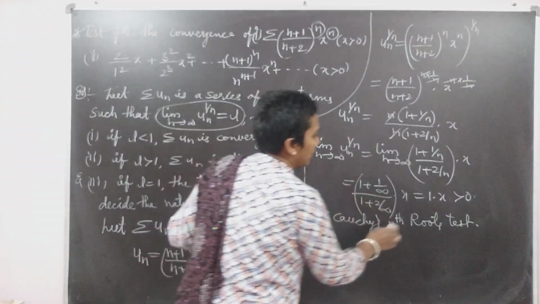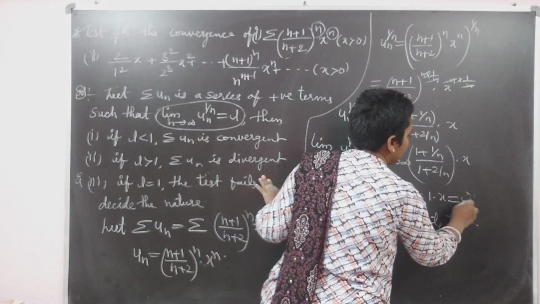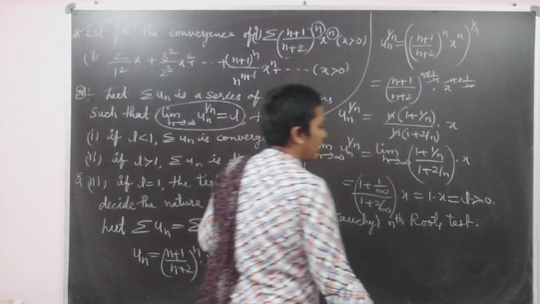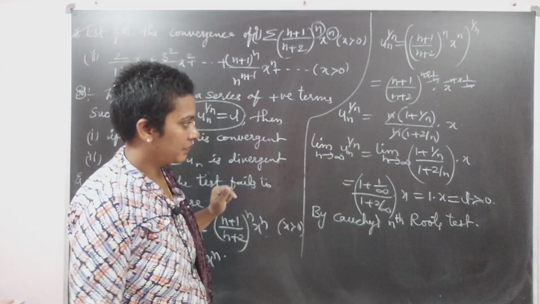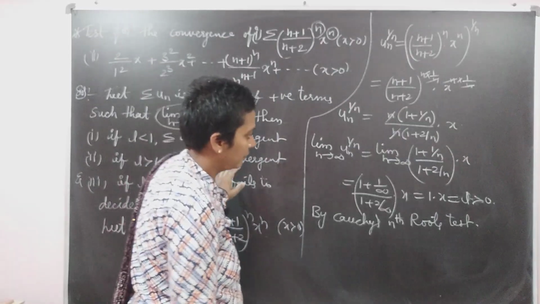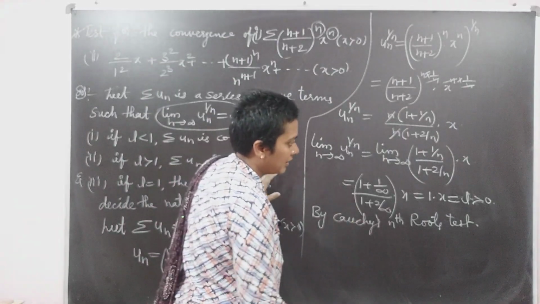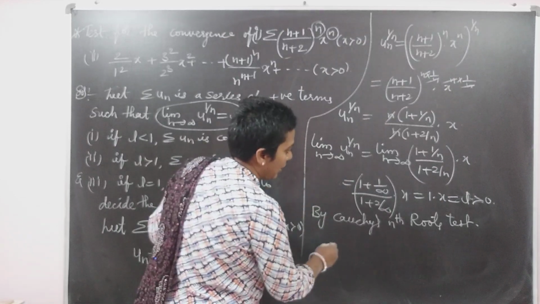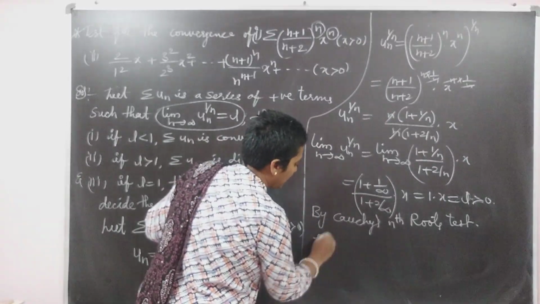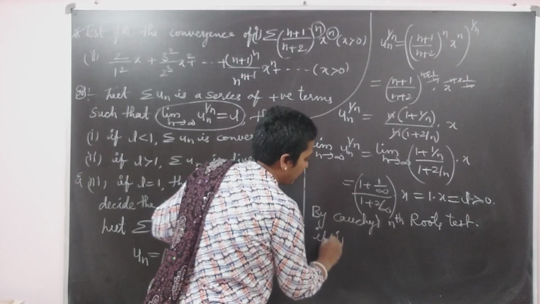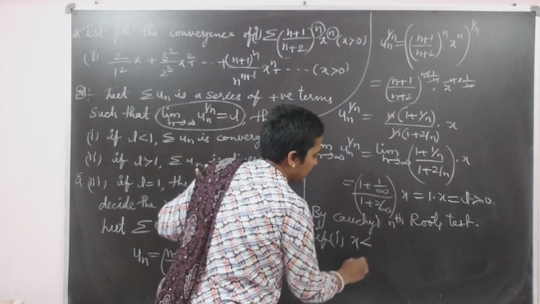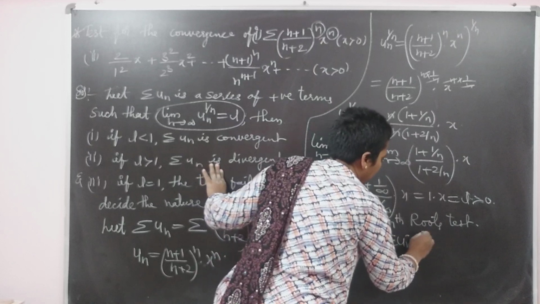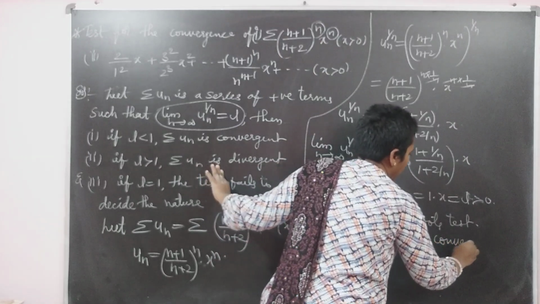Here this x is equal to L, and L is greater than 0, because x is related with greater than 0. So, by the nth root test, if the first condition x is less than 1, then sigma un is convergent.